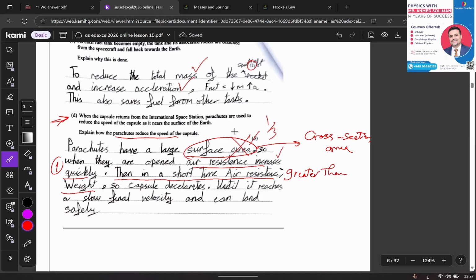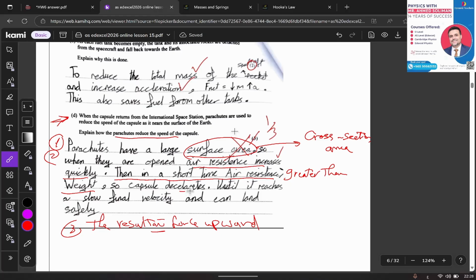Yes, because he said when the cross sectional area increases, air resistance increases. So for example, this is the first and this is the second, and I prefer to write number three is resultant force upward, because air resistance is greater than weight.